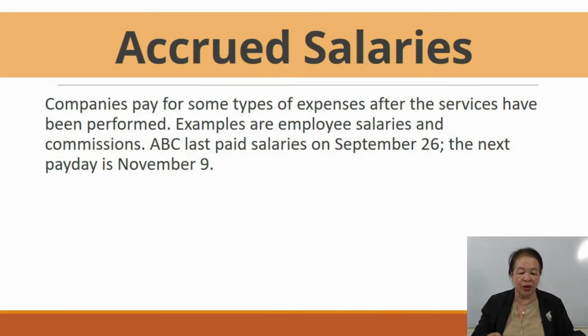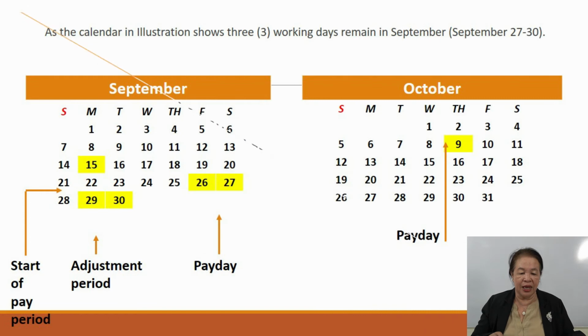Accrued salaries. How are you going to adjust the accrued salaries? In the calendar, there are 3 working days remaining in September. So we have 3 days left in September. We will adjust because it was not paid in September. When was it paid? Only in October on payday.